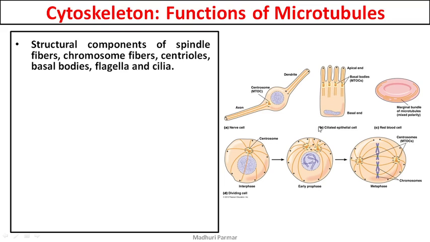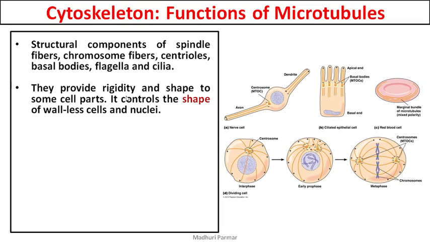Then in ciliated epithelial cells, where cilia are present, you also have microtubules at the base. And in this RBC, red blood cell, you have microtubules present in the periphery. They provide rigidity and shape to some parts of the cell.